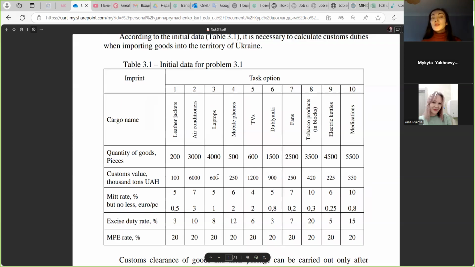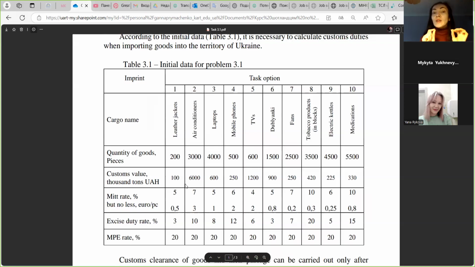And next, we need to multiply it by the mid rate. For ad valorem duty, the mid rate is in percent. So we need to multiply this customs value by the special percent. For example, for the first variant it is 5%, for the second 7%, for the third also 5%. But remember that we couldn't multiply by percent directly.